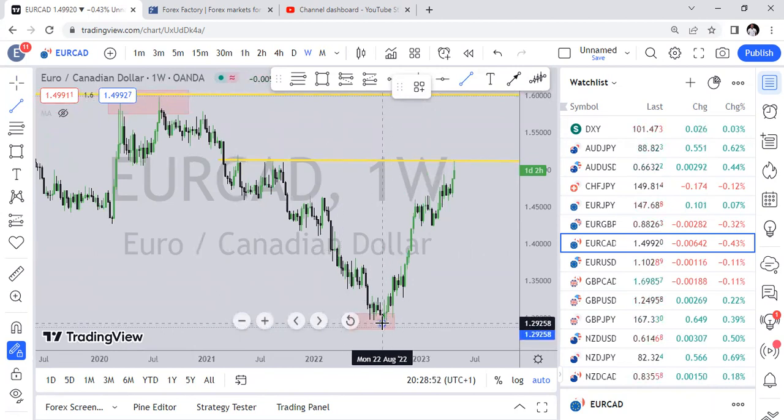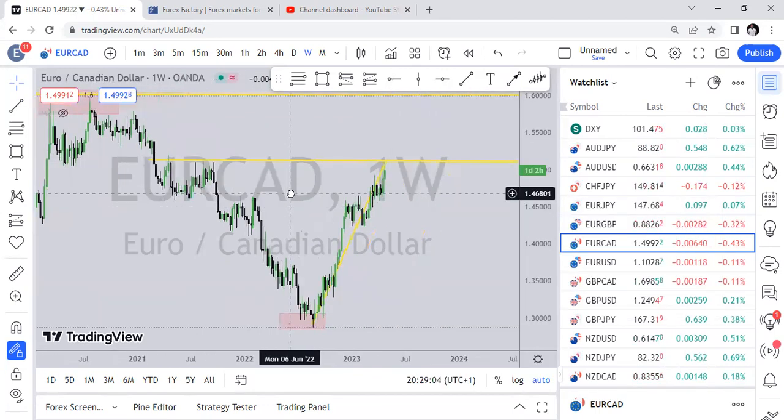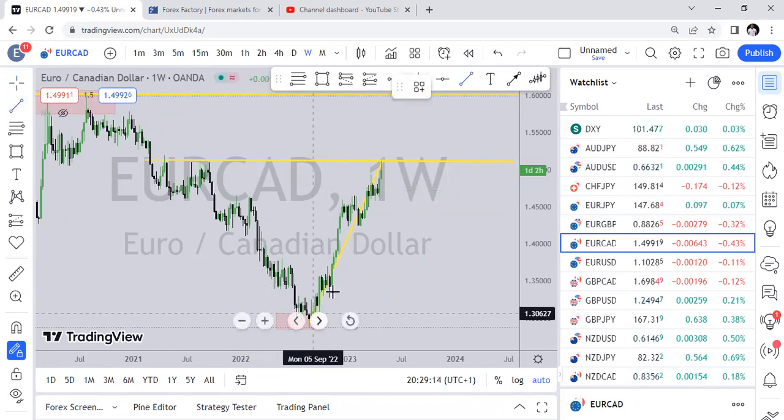But the market has also been impulsive, one-sided, more of going up and going up. But we know that this is not the way the market moves.